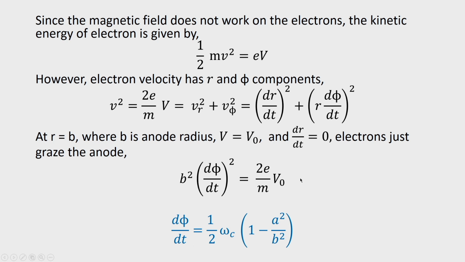We have also seen that d phi by dt is equal to half omega c times 1 minus s square by b square, and therefore we can substitute this d phi by dt by this expression.